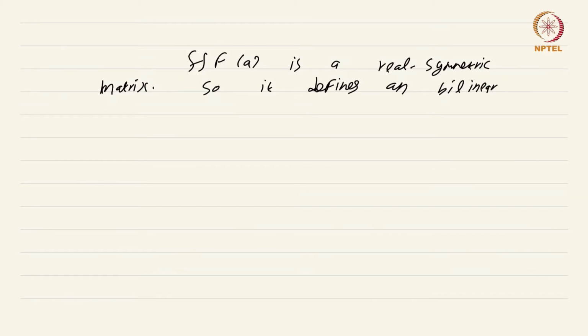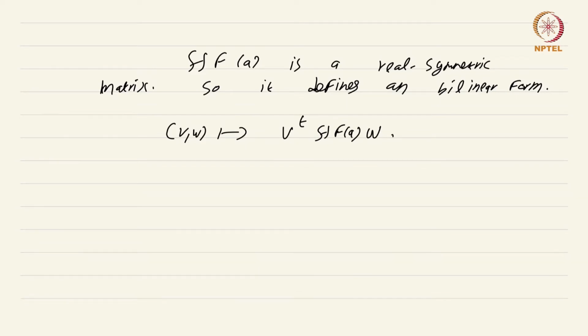Inner products, usually we assume positive definiteness, if you recall. So this Hessian, for the time being, since it's just a real symmetric matrix, all I can say is it's going to define a bilinear form. How is it going to define a bilinear form? It's going to define it in the following way. V comma W goes to V transpose Hessian of f at a W.